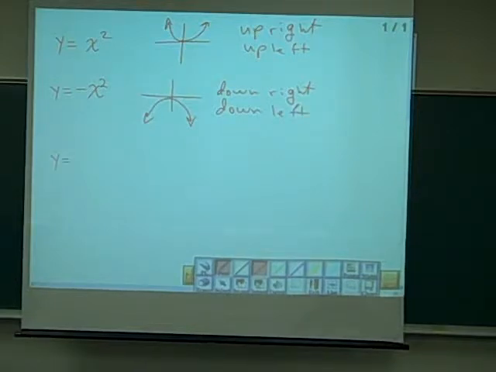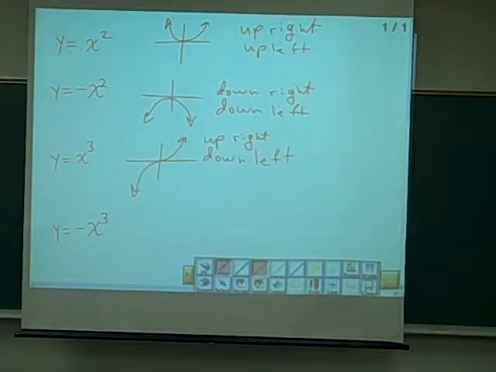If we have y equals 2x cubed, it opens up and to the right and down and to the left. And y equals a negative x cubed basically reflects about the x-axis. So now it was opening up, now it's opening down and to the right and up and to the left.